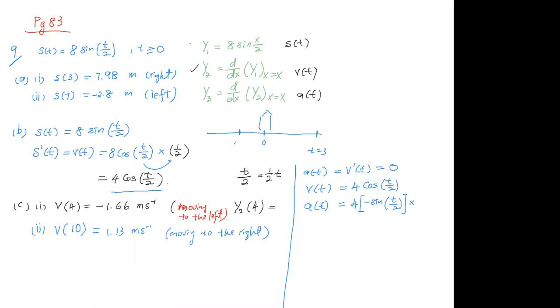Because T/2 is half T. Yeah, the derivative of T/2 is half. Okay, so I will get -4, -2 sin T/2. Do you realize that this is the same as negative 1/4 of ST?